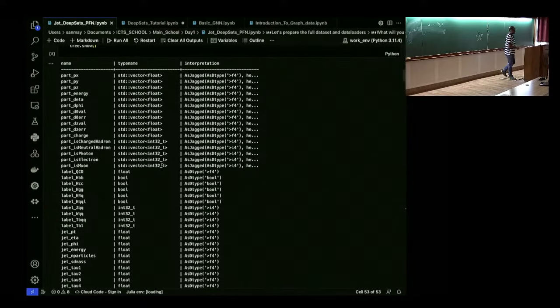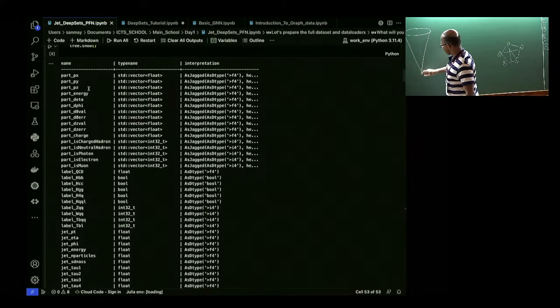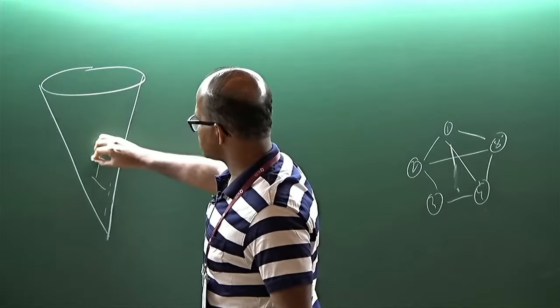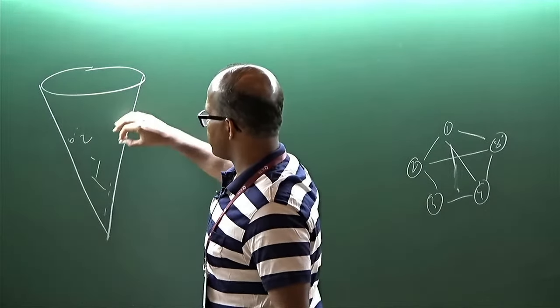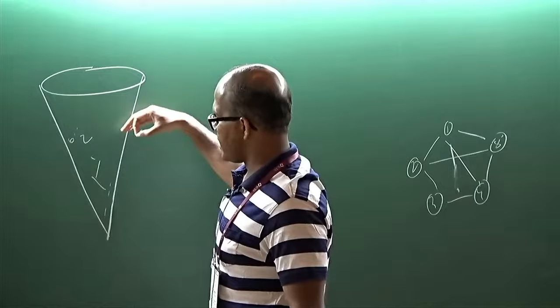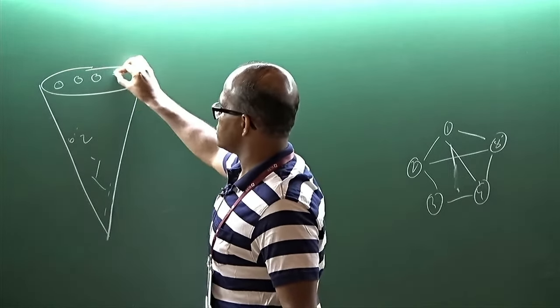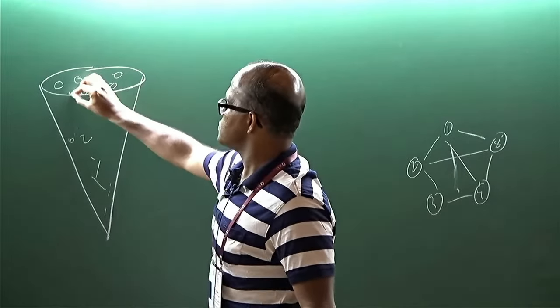Now, each particle has different kinds of properties which we will use. So for your intuition, let's just draw a jet. It's a conical kind of shape where there was an initial parton which underwent parton shower. Then there was some fragmentation and hadronization process, and finally you have a bunch of hadrons, which are stable particles which we observe.